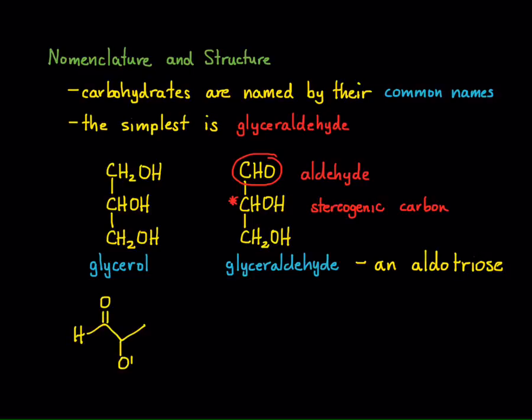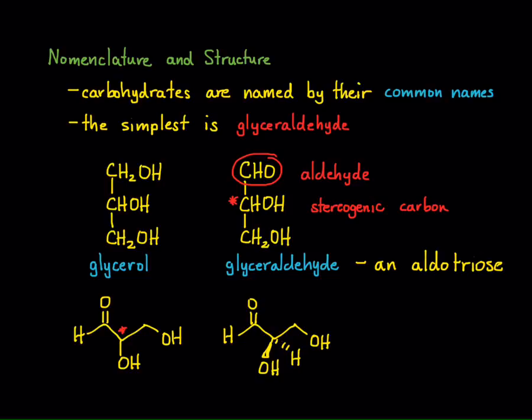Now let's take a look at how we would typically draw glyceraldehyde in the bond line formula. So this is the structure of glyceraldehyde, and I've highlighted that stereogenic carbon there. We have an aldehyde connected to a CHOH connected to a CH2OH. And so, of course, we can draw the two stereoisomers of it. We can draw the structure where that stereogenic hydrogen or OH group is coming out at me, and the hydrogen is going back.